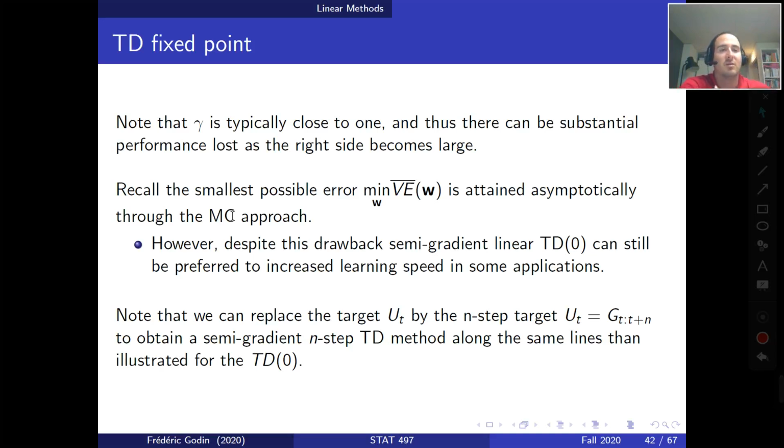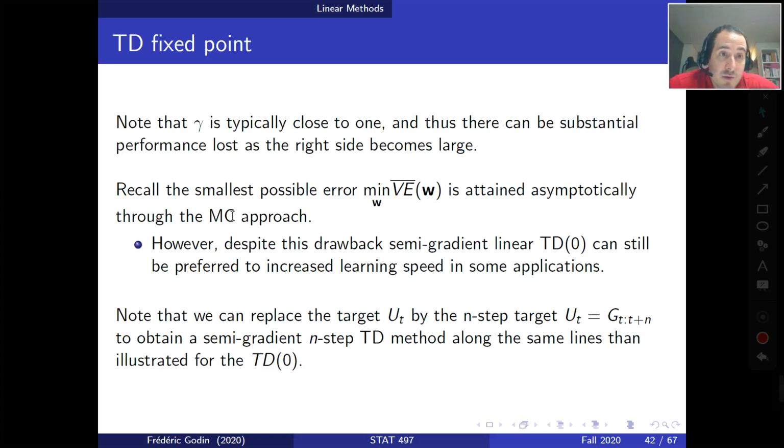For TD0 approaches, the target has much less variability. It's observed much earlier because you don't have to wait for the end of the episode. You can know it on every state, etc. So for this reason, TD0 accelerates convergence, and this acceleration of convergence is often deemed suitable, and some people prefer that at the expense of not converging to the best possible parameters asymptotically.